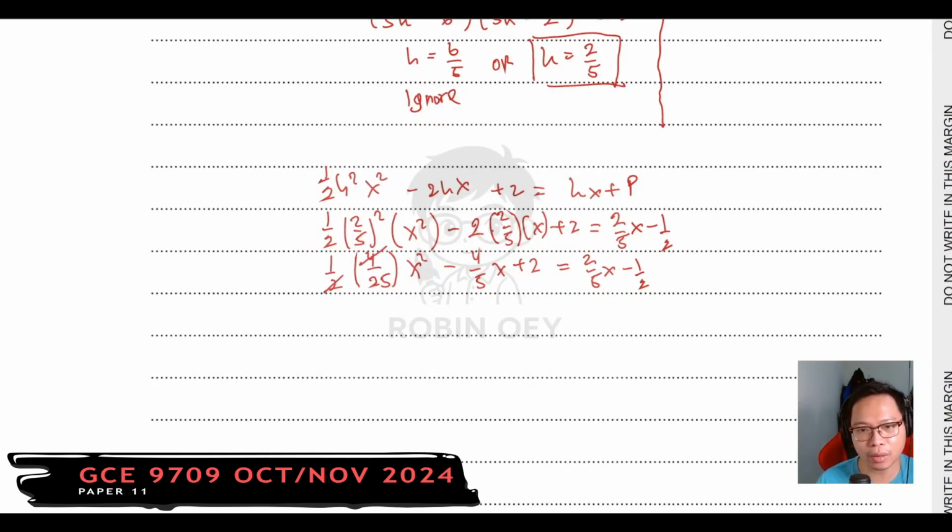So we get 2 over 25x squared minus 4 over 5x plus 2 equals to 2 over 5x minus half. So if we move everything to the left, we get 2 over 25x squared minus 4 over 5 minus 2 over 5, we get negative 6 over 5x.